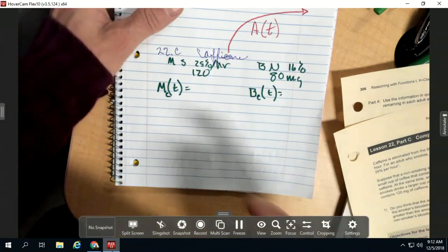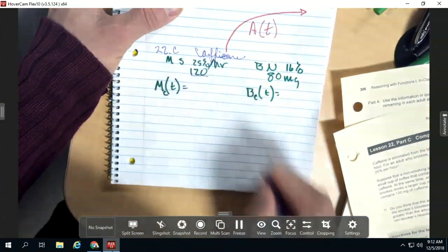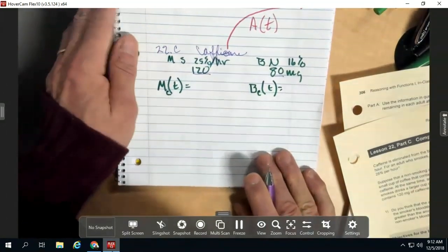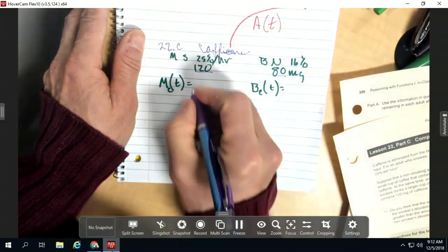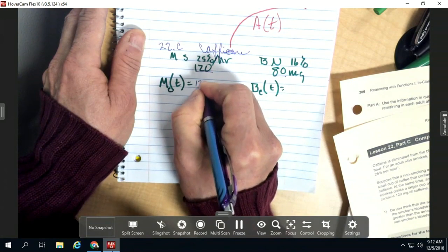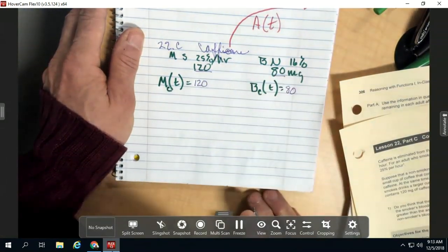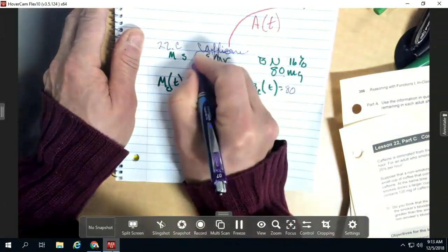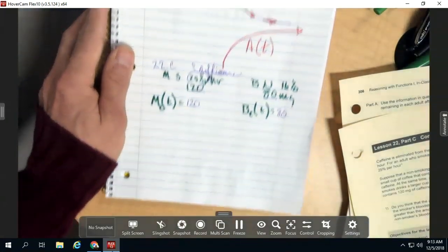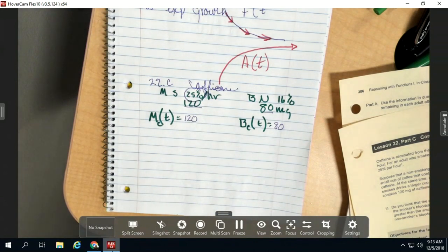So, how do we translate the 120 and the 80 into our formulas? Those are the beginning values. We cannot put 25% in here because we don't care how much leaves, we care how much is left.